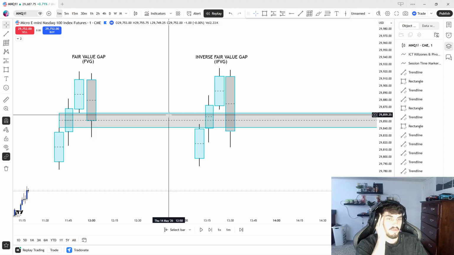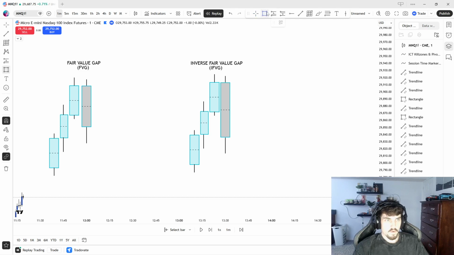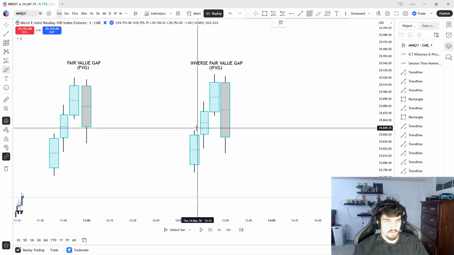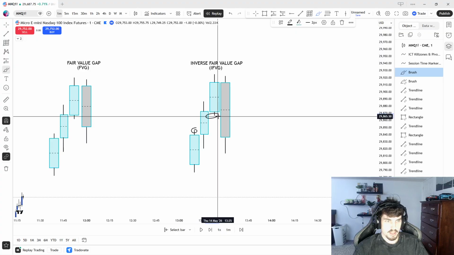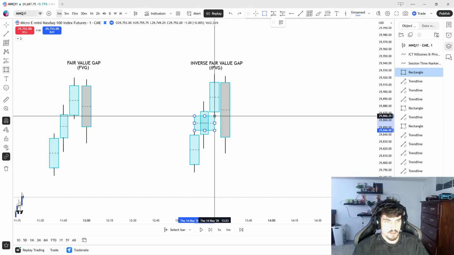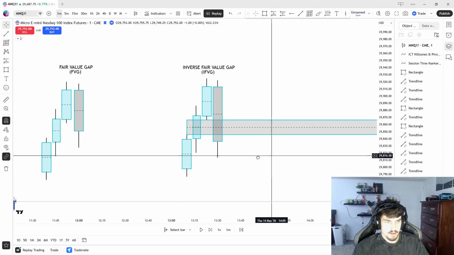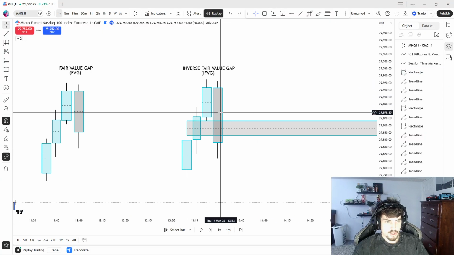Now, however, if we move on over to this candle formation right here, what do we see? Well, I'm going to take it from the high of the first candle and then the low of the third candle, and place it just like this. And I'm going to put back on the settings that we had, just like this.